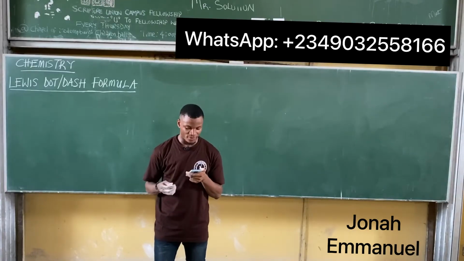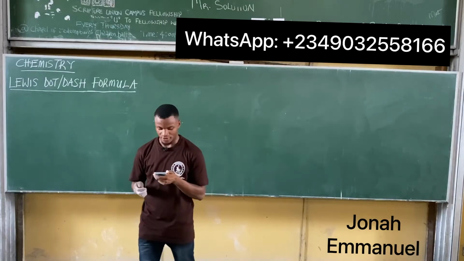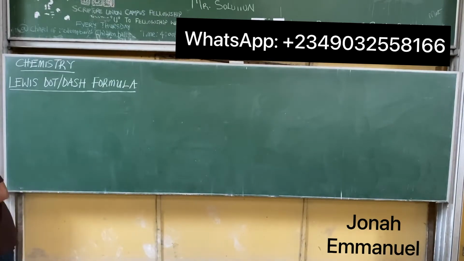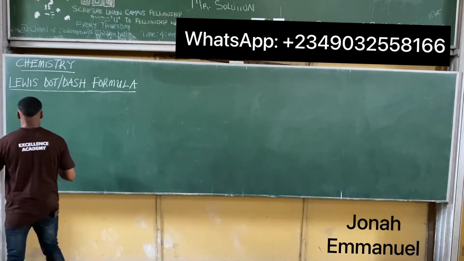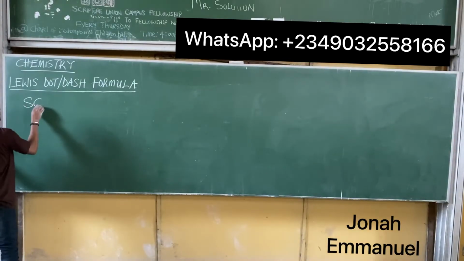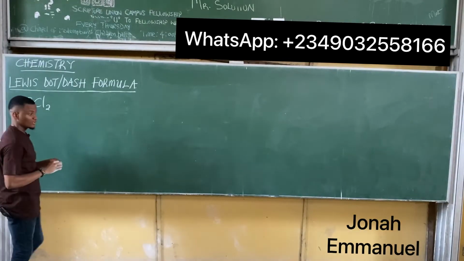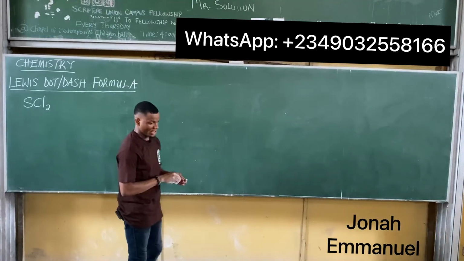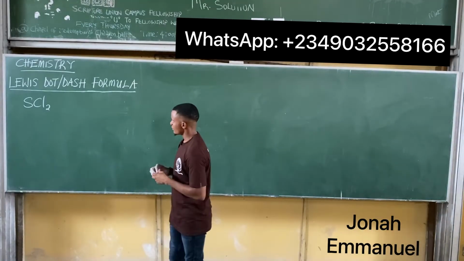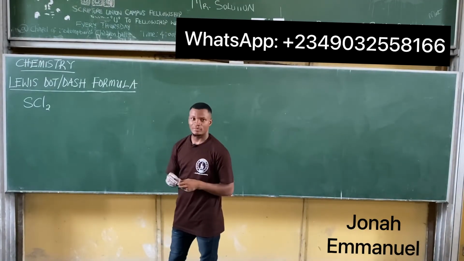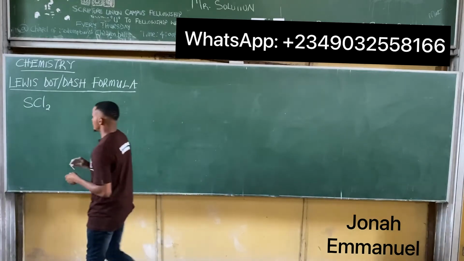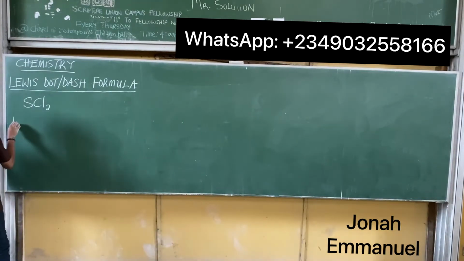Alright, so let's get this done. We're given SCl2 as the sulfur dichloride molecule. We are asked to write the Lewis dot or dash formula of this molecule. So step one involves calculating the total number of valence electrons.